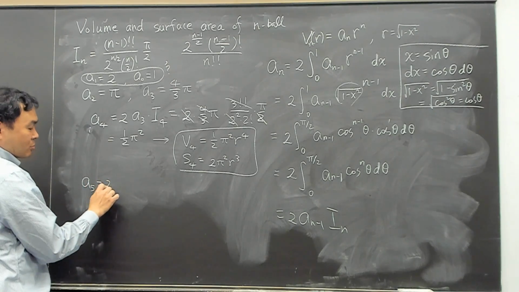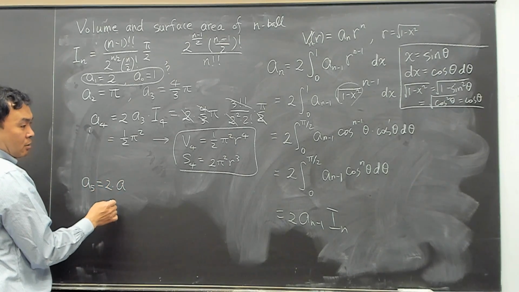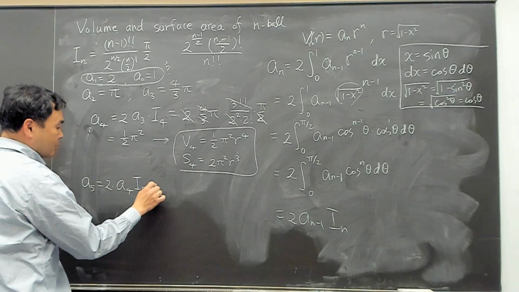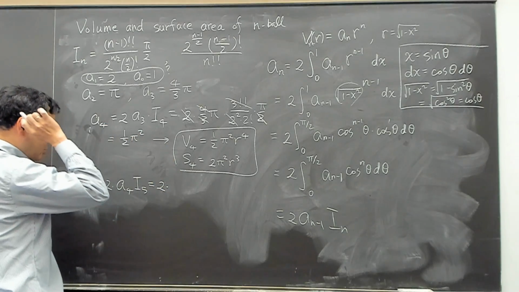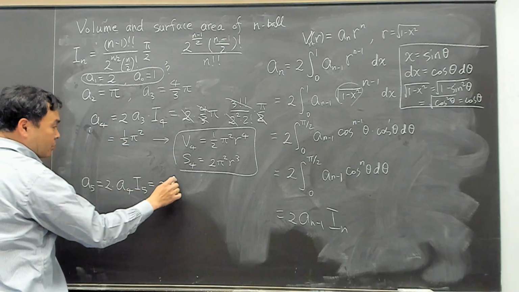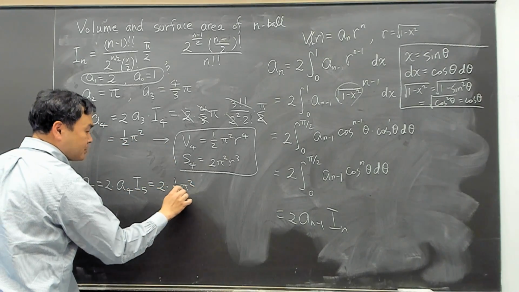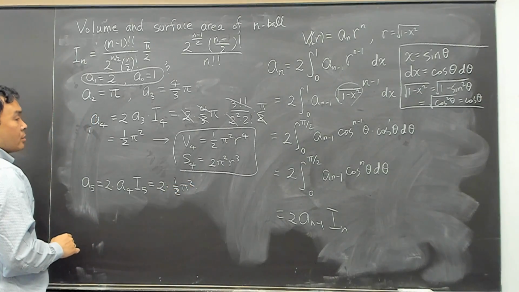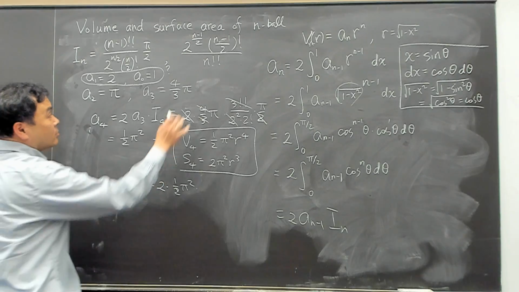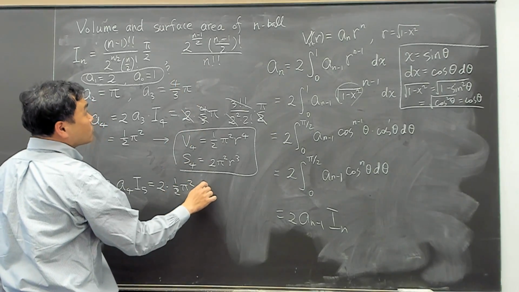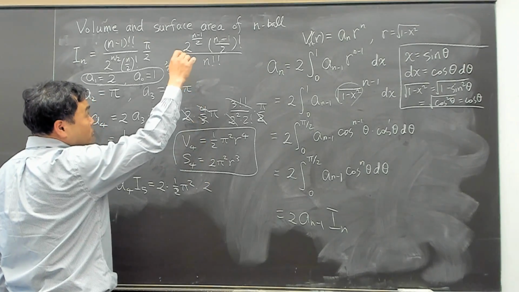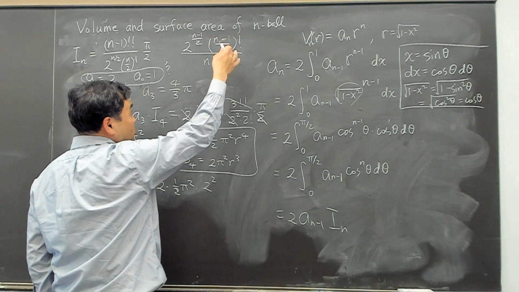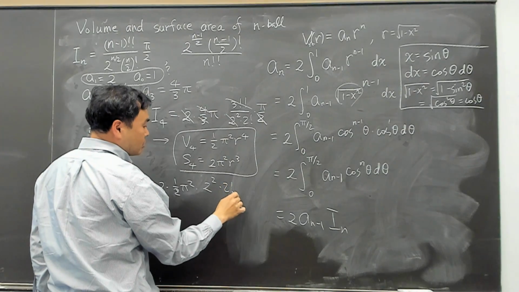A5 is 2 times A4 times I5. Well, we just calculated A4. A4 is 1/2 pi squared. And then I5 is this guy here. So it's 2 to the 5 minus 1 is 4, 4 over 2 is 2, 5 minus 1 is 4, 4 over 2 is 2, 2 factorial is what you get.